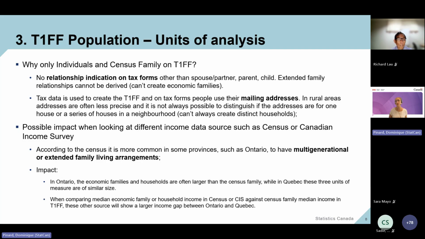In this context, a household could very likely have higher income at the household level than at the census family level. In Quebec, the number of earners in a family is more likely to be comparable to a household because they are more or less equivalent. There are less often situations where you have other related or unrelated people living in the same dwelling.